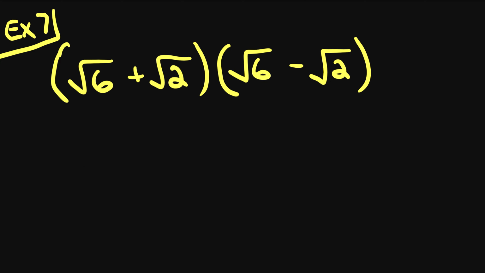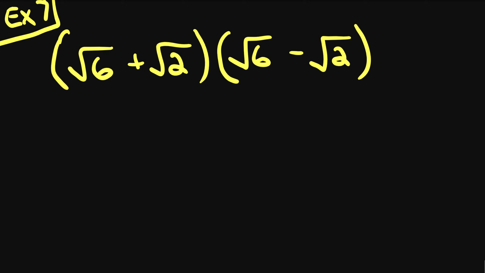All right, here is example 7. And notice we have the product of the sum and the difference of the same two terms. But I'm just going to FOIL this as we've done in the past. These are a little bit more difficult to pick out when you're in the heat of battle, on an exam type of problem.